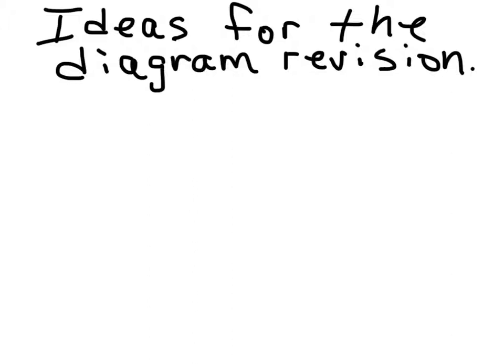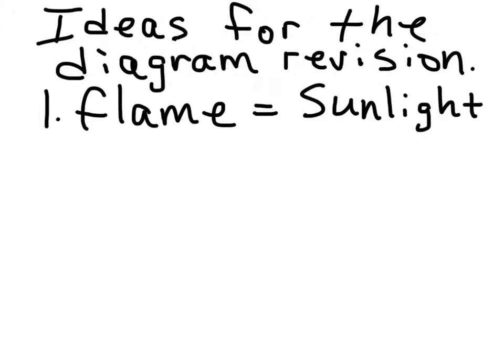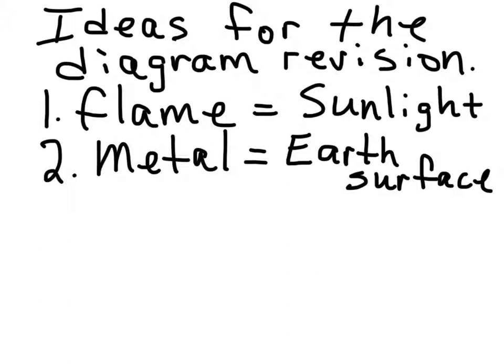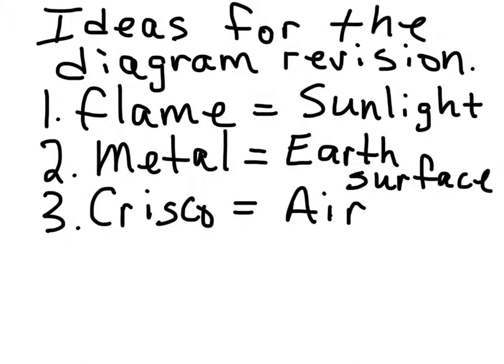First, we know that the flame of the Bunsen burner equals the sunlight from the sun. Second, the metal equals the Earth's surface, which is heated by the flame. Third, the Crisco represents the air, which is heated through conduction by the Earth.